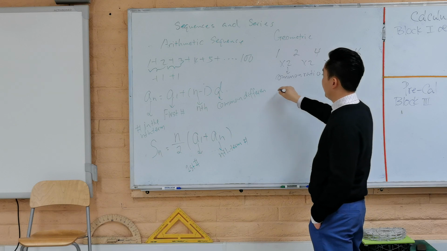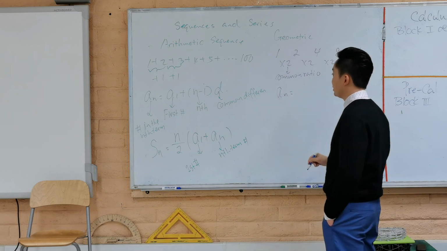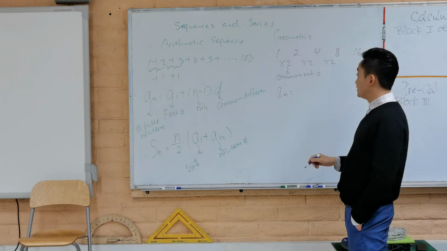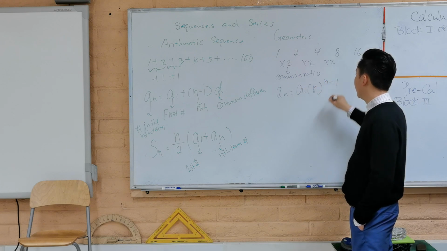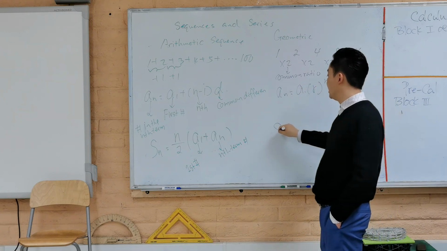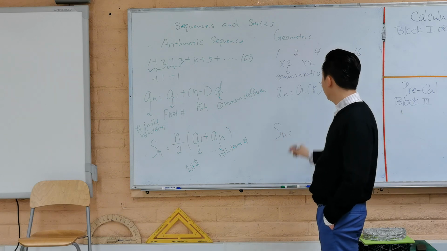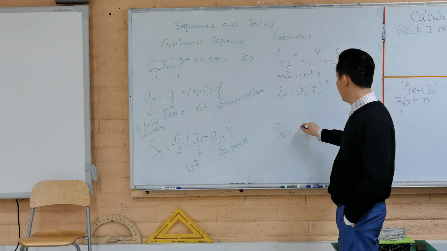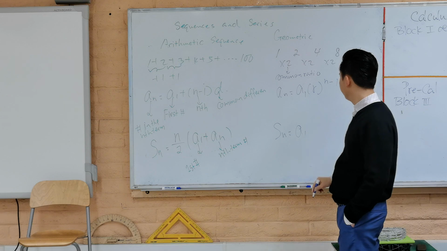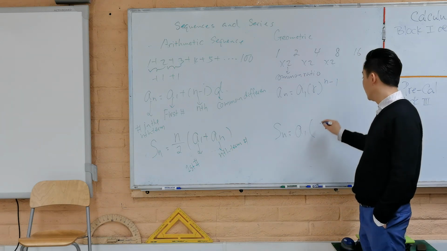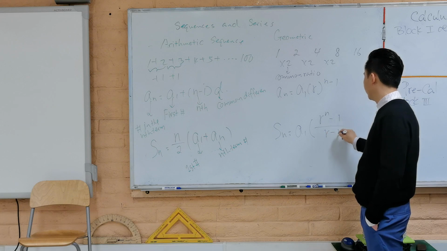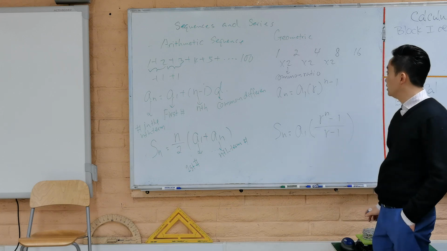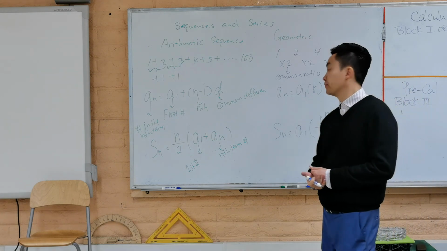So what we got here is a sub n, the way to find the nth term. Now it's a little bit different: it's a sub 1 times the common ratio to the power of n minus 1. And then for the sum, this one would be a sub 1 times r to the power of n minus 1 over r minus 1. Okay, so now those are the formulas you need to know.